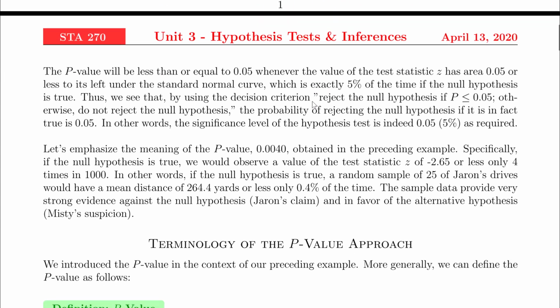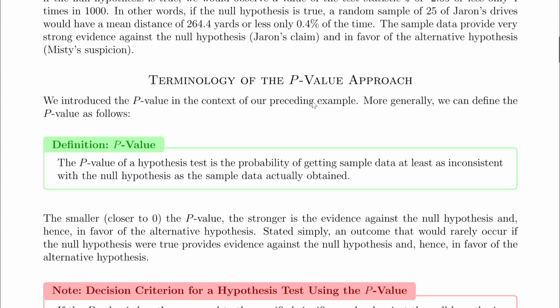With some of the terminology, all you really need to know is that the p-value of a hypothesis test, and I'm reading this in the green, is the probability of getting sample data at least as inconsistent with the null hypothesis as the sample data that was actually obtained. We saw in the previous example that we were really close to zero.